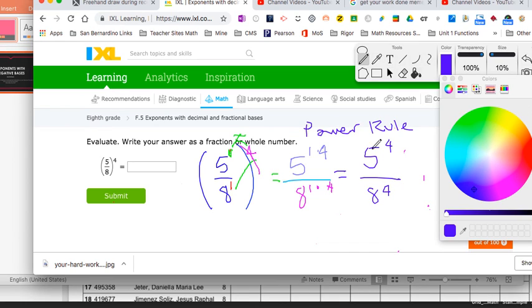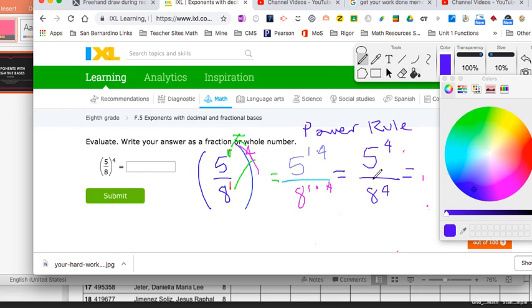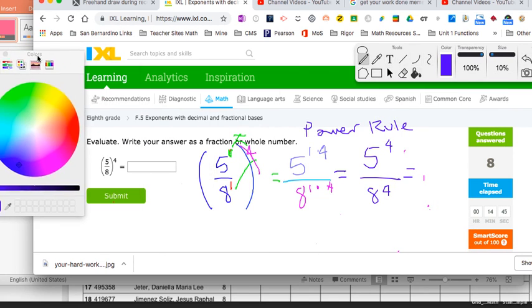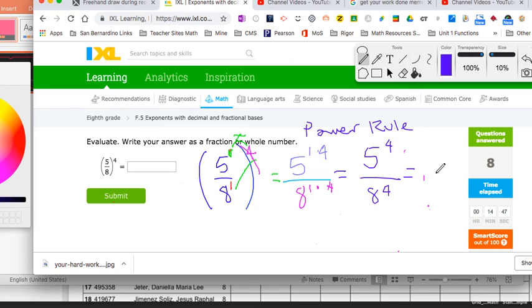Okay, now these are not same bases. Look at that. This is a 5, this is an 8. You cannot subtract, right? You did not follow the condition. So you actually have to evaluate, okay? So 5 times 5 times 5. Let me remove all this to the other side. Okay, so this is 5 times 5 times 5. That's 125 times 5, right? Isn't that 5 to the 4?